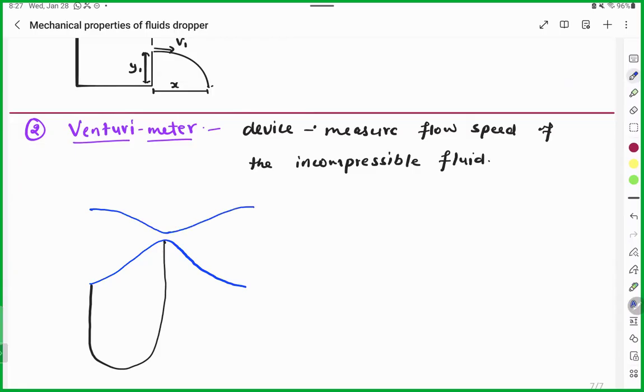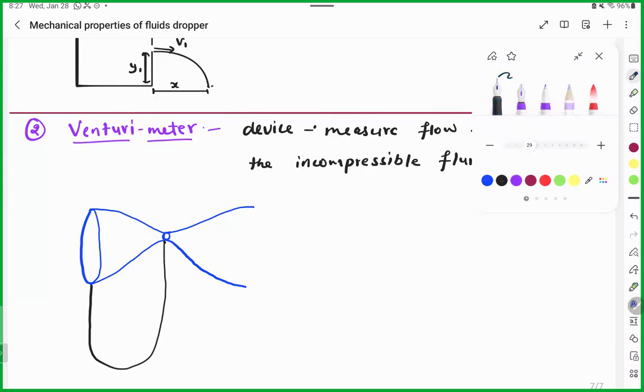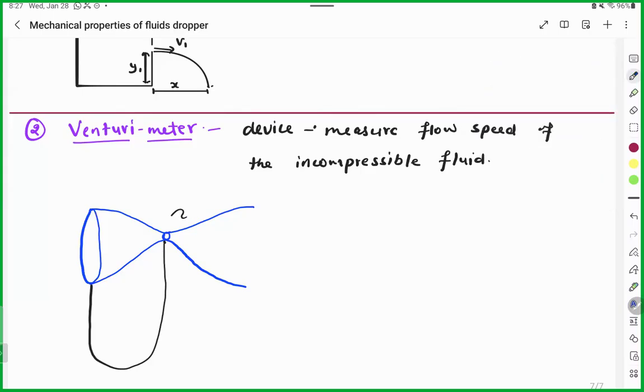This is the tube. And you have two areas, one small area like this and one big area like this here. And these areas are different. Example here, small area is a and here big area is A.